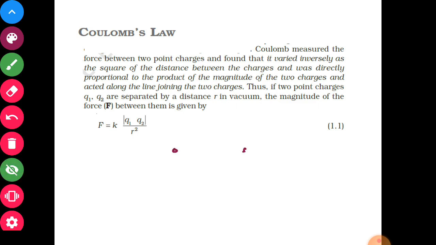Say you have two charges, which are having their values q1 and q2. The distance between these two charges is r. Then the force, either this will be a repulsive force or it will be an attractive force. Like charges mean repulsive force, unlike charges an attractive force.